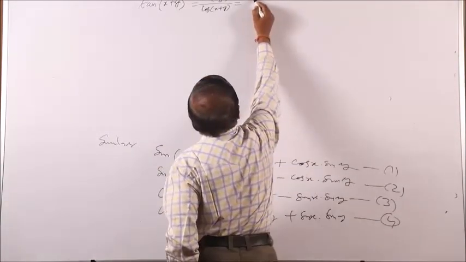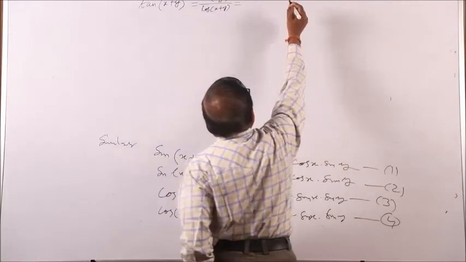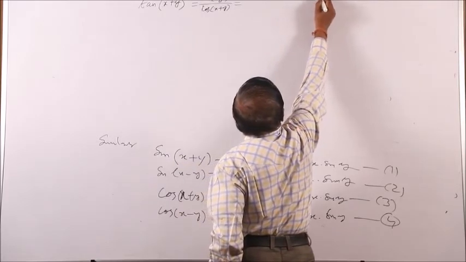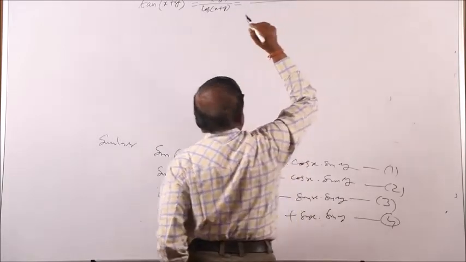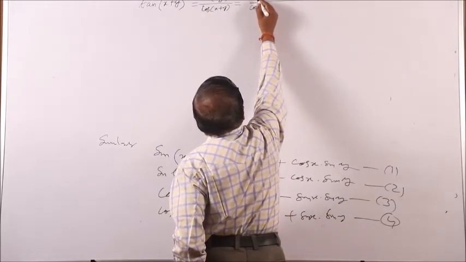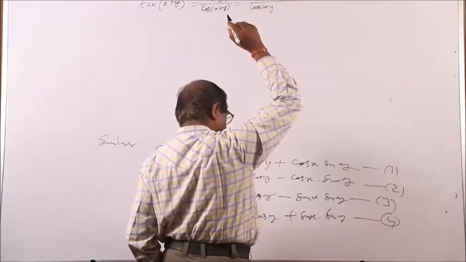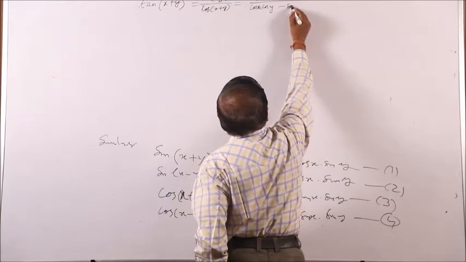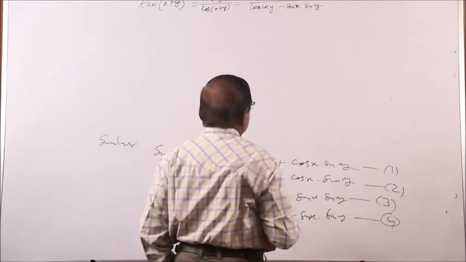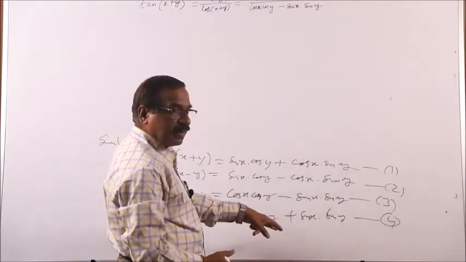You see, sin x into cos y plus cos x into sin y, by cos x into cos y minus sin x into sin y. I just put the values here, sin (x plus y) and cos (x plus y).